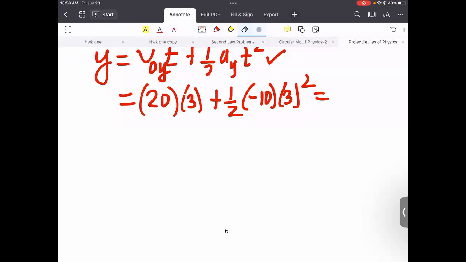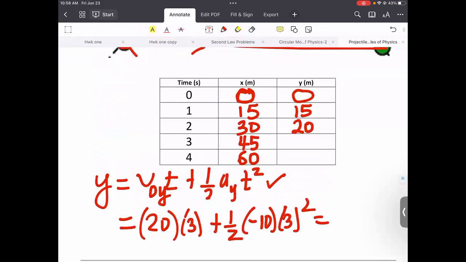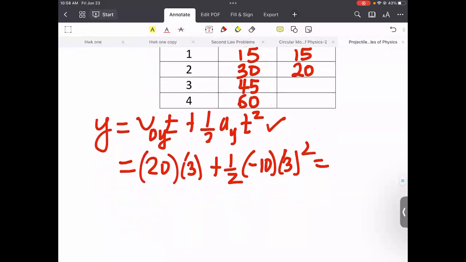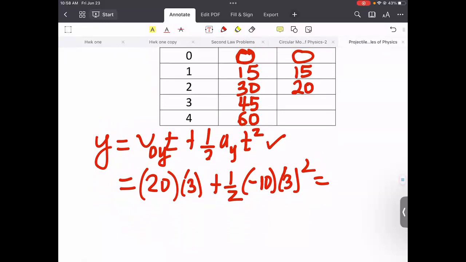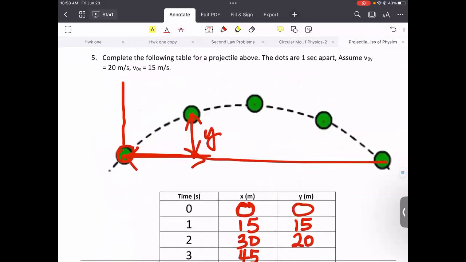So it's 20 times 3, 60, and then minus 5 times 3 squared, which is 9, so 45. That's 15. Let's see that point.